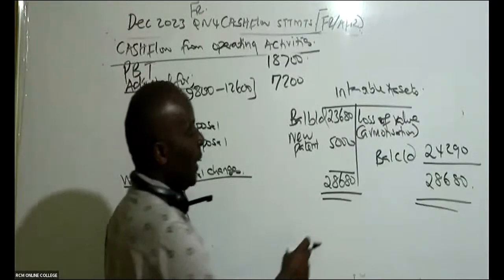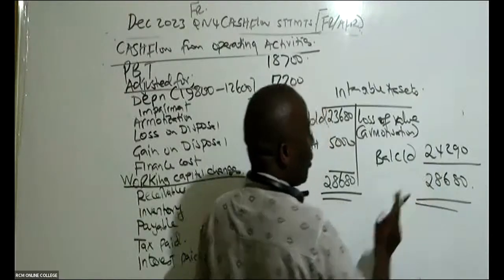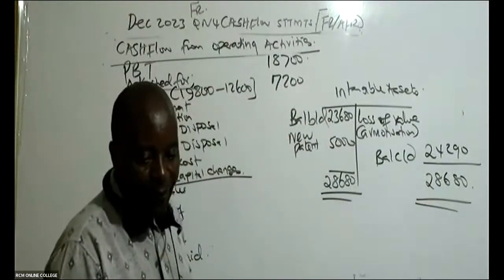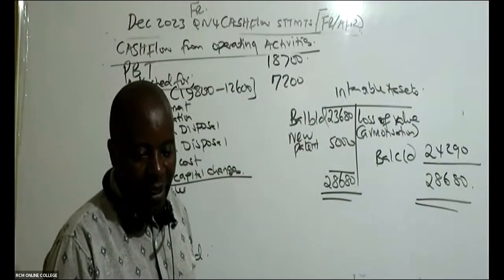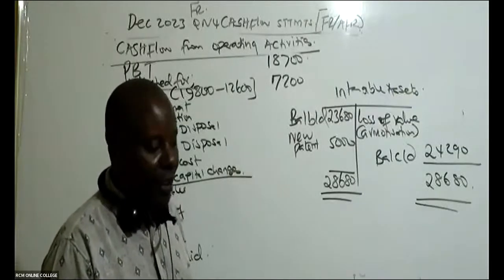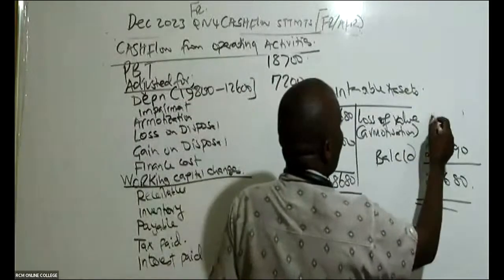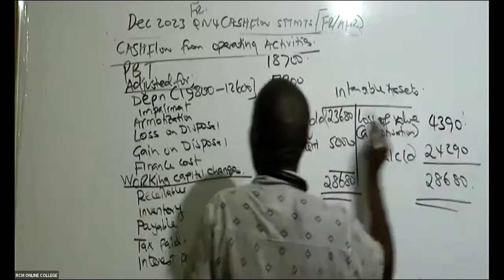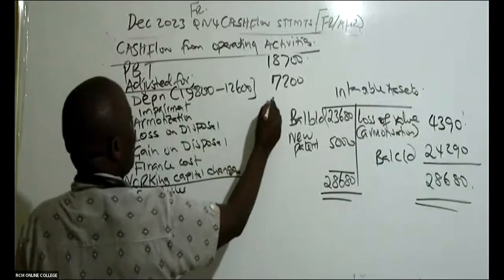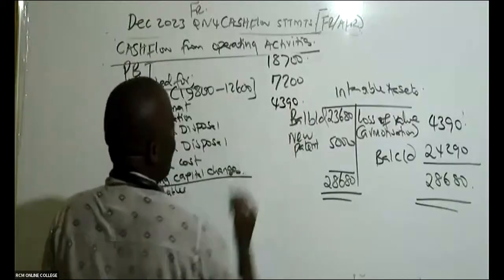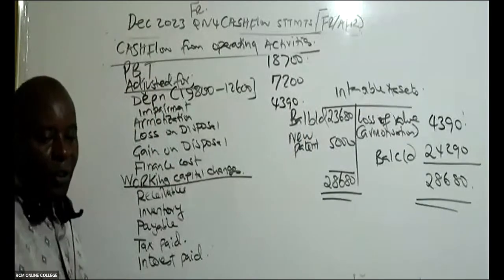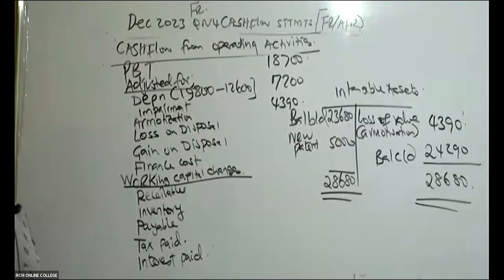Because you're taking this 28,680 minus 24,290. Yeah, I can see from Joanne, 4,390, right? So this 4,390 is what I will bring here. Amortization, 4,390. Thank you so much.